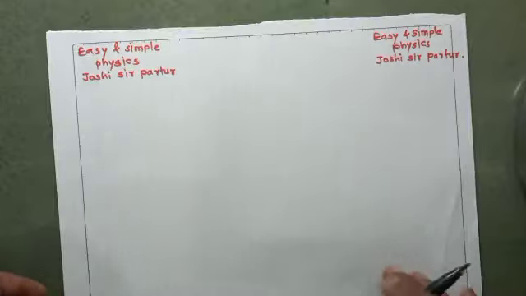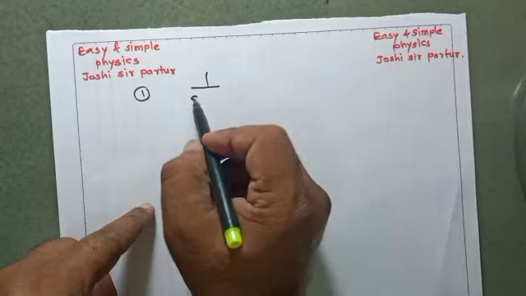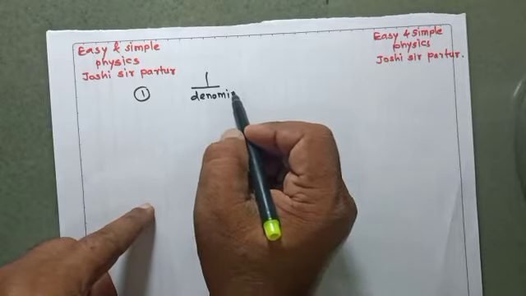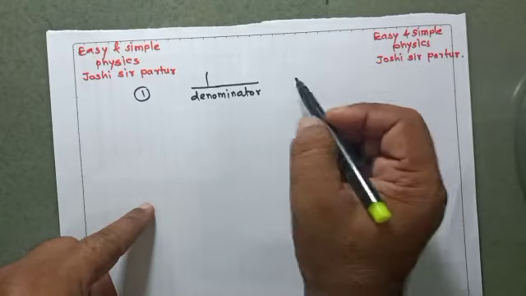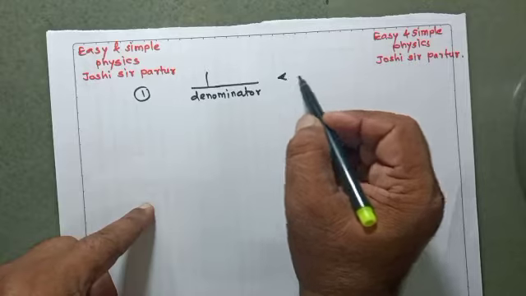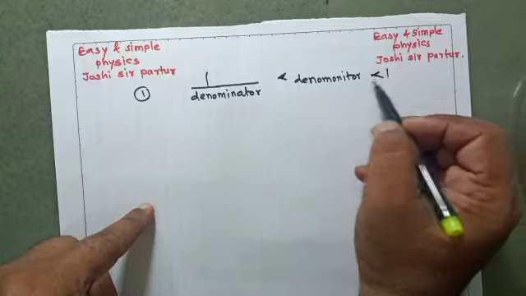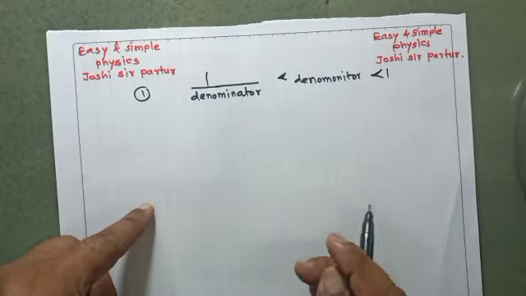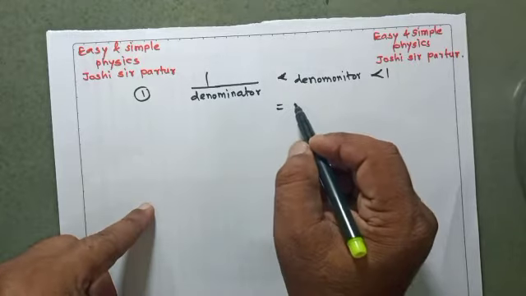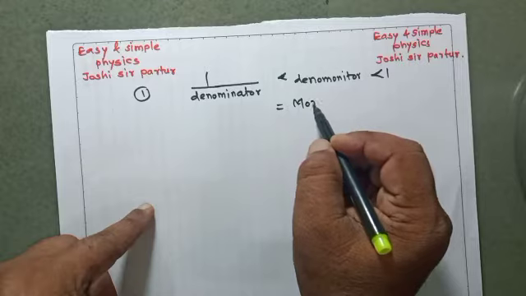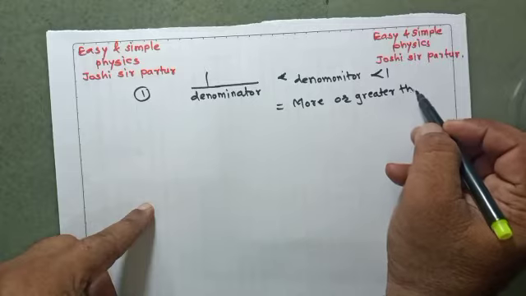Number one, when the denominator of a number is less than 1, then the reciprocal of the number is greater than 1.